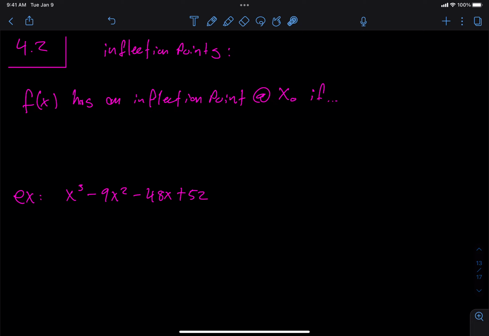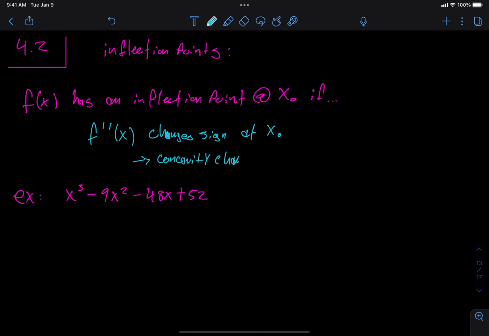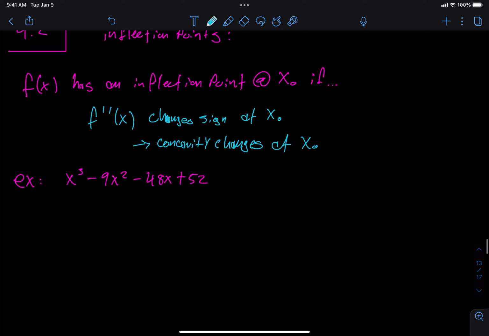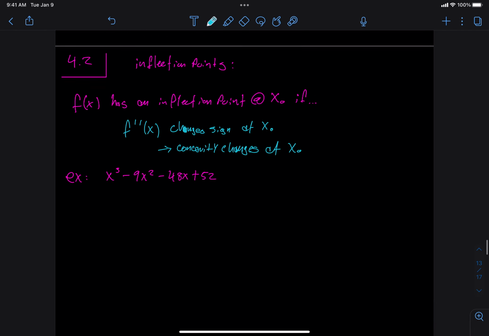But we could also ask, what does it mean if f double prime changes sign at x naught? Well, that means that the concavity changes at x naught. So let me show you what that looks like.